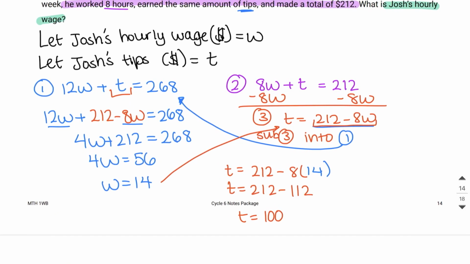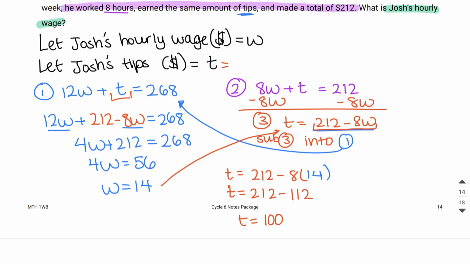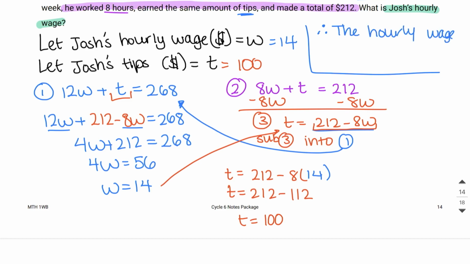So here I can say that the tips are $100 and that the hourly wage is $14. And then we could go ahead and just write our therefore statement. So therefore, the hourly wage is $14, and that's it, because it didn't ask us to say how much the tips were.